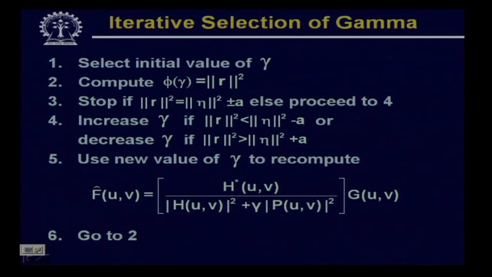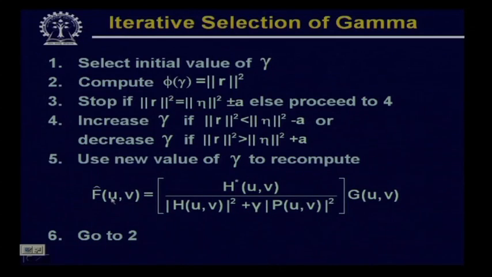Using whatever new value of gamma you get, you recompute the image, and for that the image reconstruction function, as we have said in the frequency domain, is given by this particular expression. With this reconstructed value of f, you go back to step number 2 and repeat the iteration until the termination condition, that r square is equal to eta square plus minus a, is met.